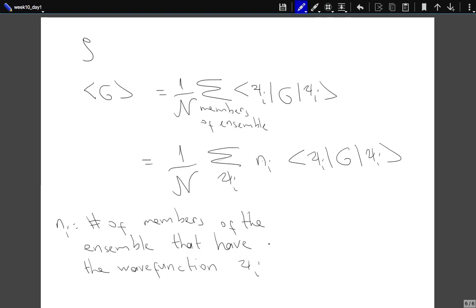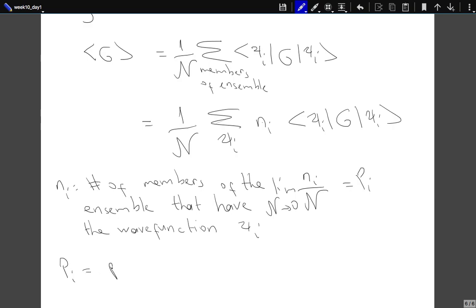It just gives an overall factor of Ni, a weight for a given wave function. But Ni over N, at least in the limit as N, the number of members of the ensemble, goes to infinity, is nothing but Pi.